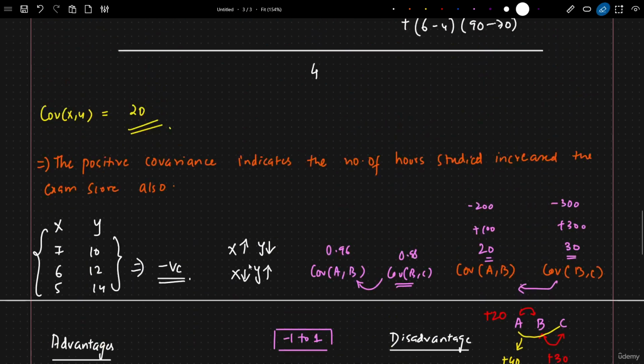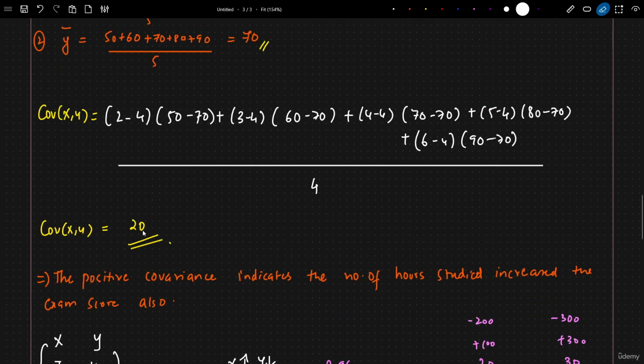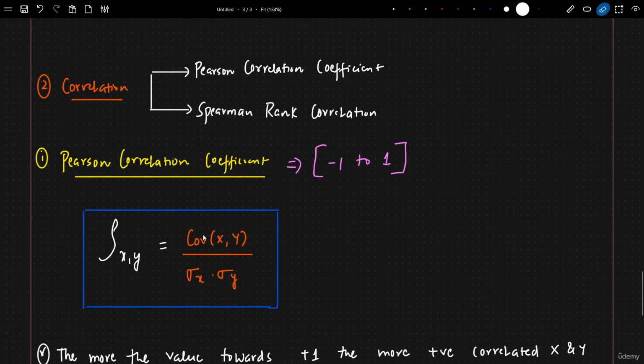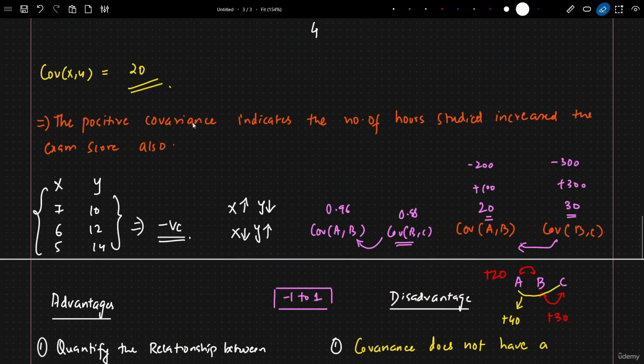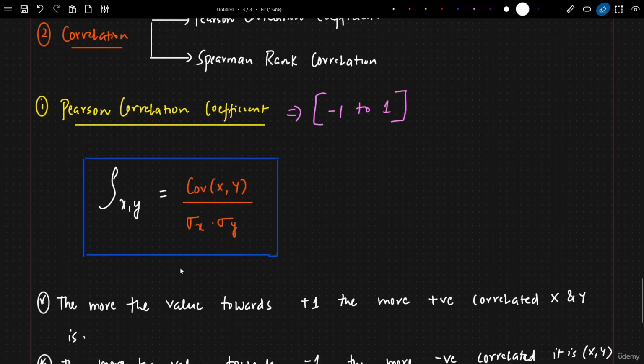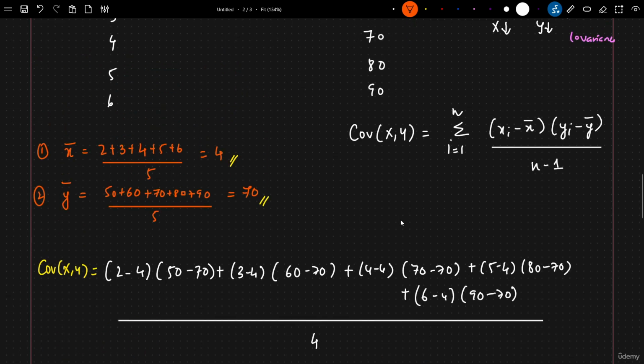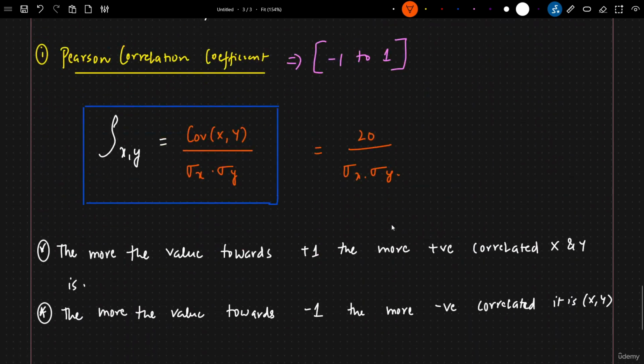Now you take the same problem, right? Here we got the covariance as 20. So if you go ahead and see this particular formula, we have calculated the covariance as 20. Now this 20 will be further divided by standard deviation of X and standard deviation of Y. You can probably do the calculation, guys. Finally, you will get a value ranging between -1 to +1.